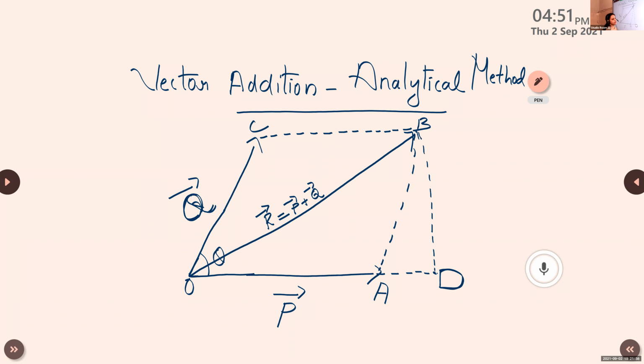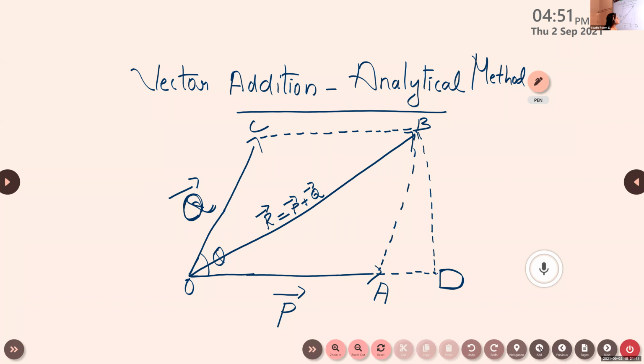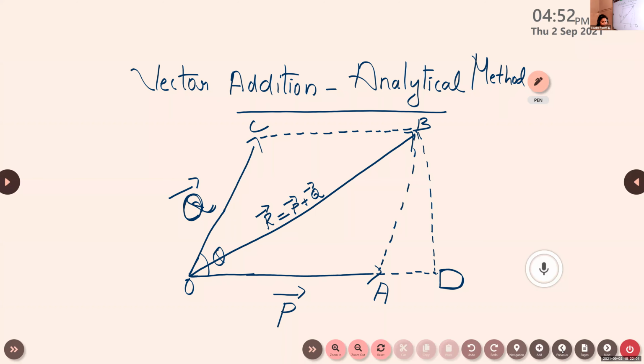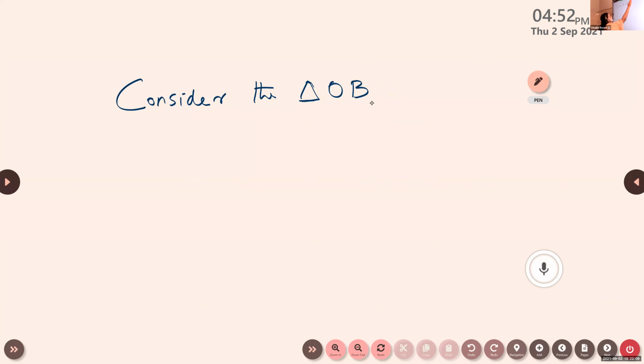Consider the triangle ODB. It is a right-angled triangle.